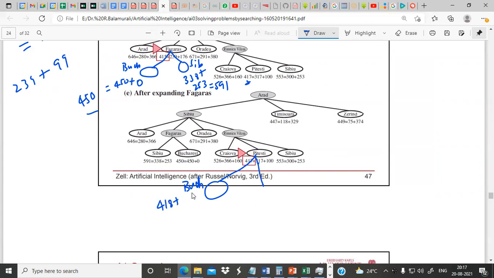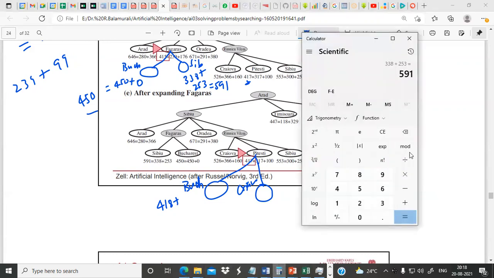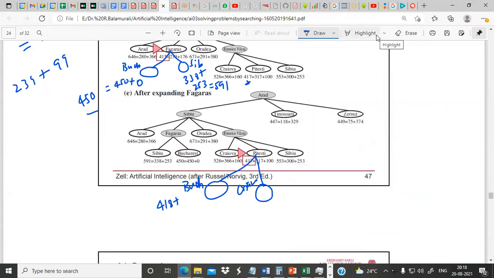Then what's the cost of reaching from Pitesti to Craiova? It is 138, but the cost of reaching Pitesti is already 317. So 317 plus 138 is 455. So this is 455 plus something.